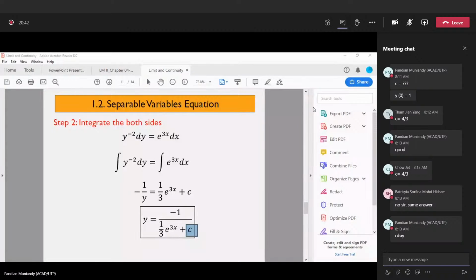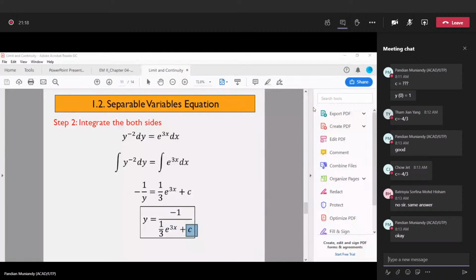Now we want to plot the graph. You know y is the title, so you have to rearrange y. y equals minus 3 over e power 3x minus 4. So you can plot the graph with y-axis and x-axis. You can try. This is the homework, because we want to solve this problem using the Euler method also.